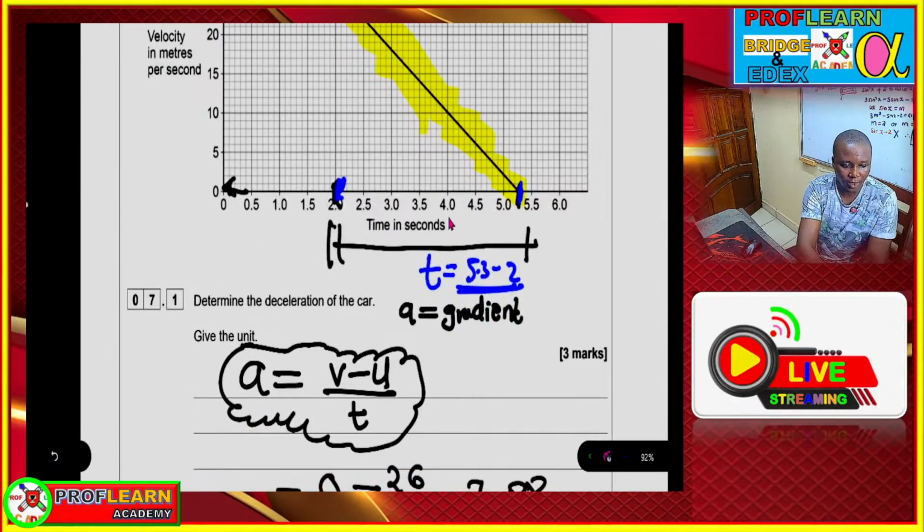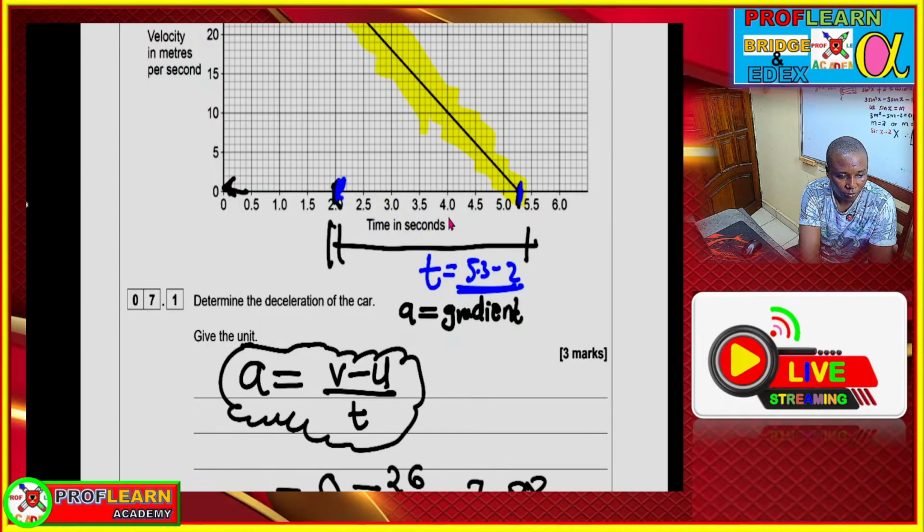Which is going to be calculated, then we're going to work it out. Stopping distance of the car.